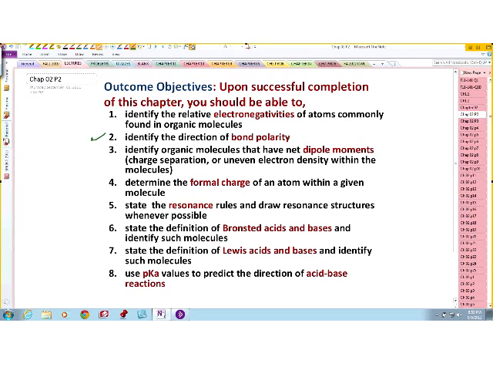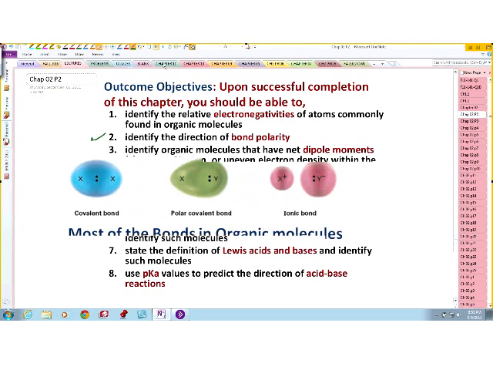If I give you a molecule, you should say, oh yes, this is the direction of bond polarity. You should be able to determine the formal charge on different atoms in a given molecule. So all of this in here, use this as a guide to study for the content of this chapter.